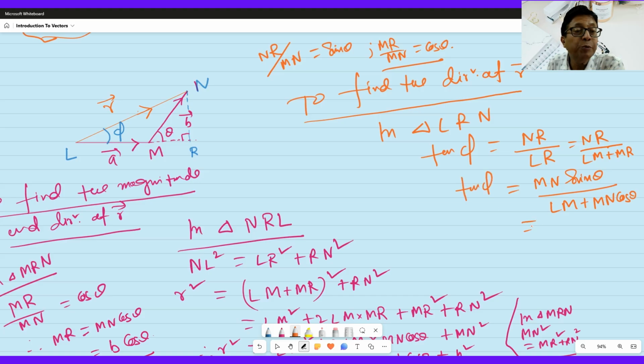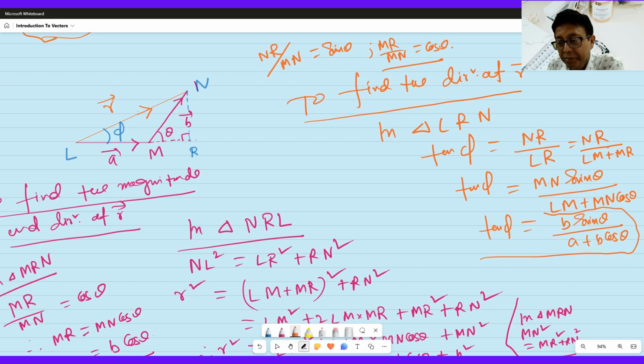Now put the value. MN is B. B sin theta by... So tan phi equal to B sin theta by A plus B cos theta. From here, phi can be determined.